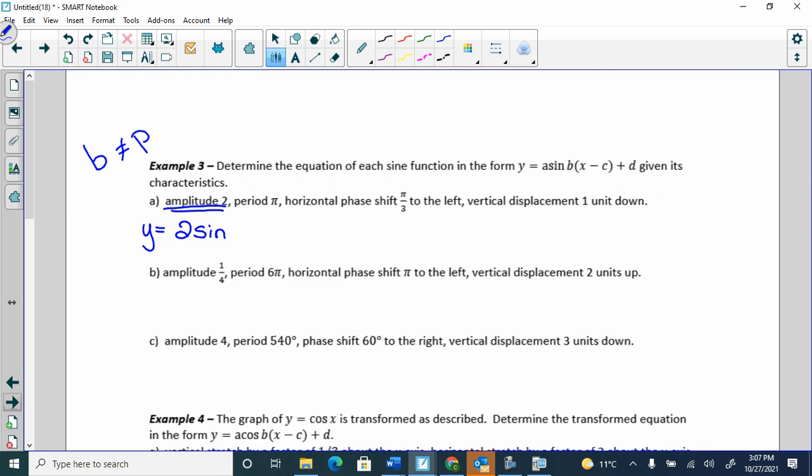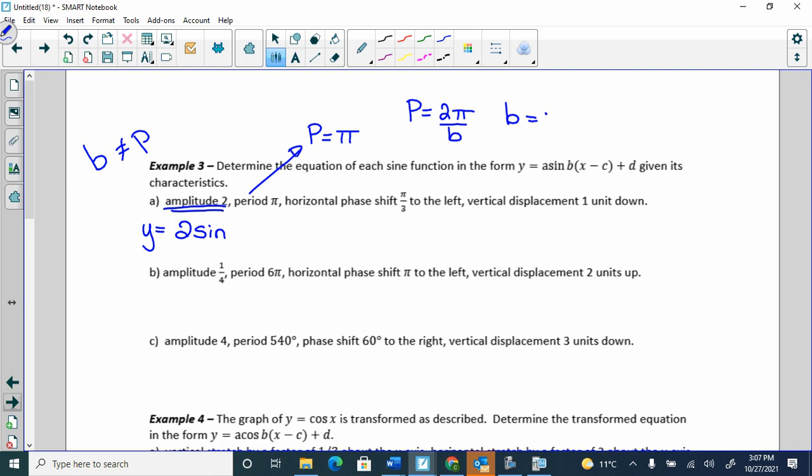So the B value doesn't equal the period, and the period doesn't equal the B value, right? People will say period of pi, and then put a pi in for B. Can I do that? No, that's what P equals. P equals pi, correct? So P equals 2 pi over B. These flip-flop.